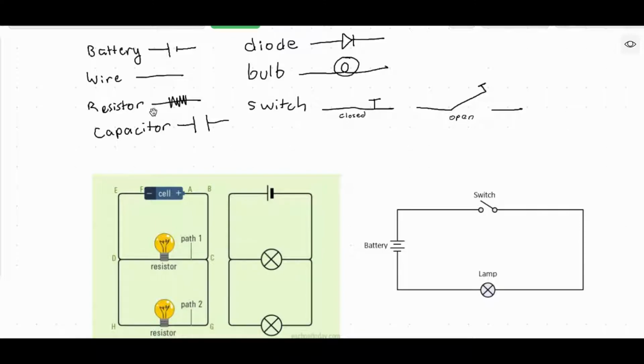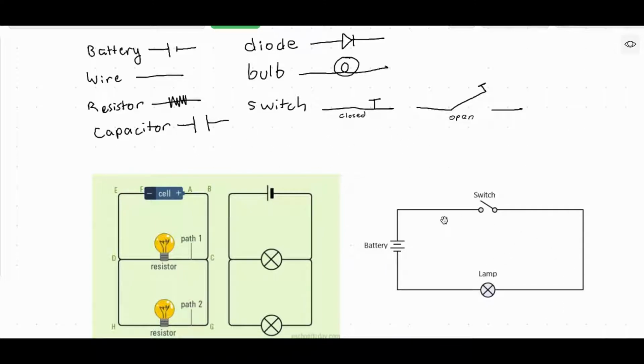Resistor, you need some form of resistance in your circuit, otherwise in your equation you're going to have resistance as 0 in the denominator. That does not work mathematically and physically. You could start a fire and we don't want that. You have a capacitor, a diode, a bulb, and a switch, both in open and closed position.